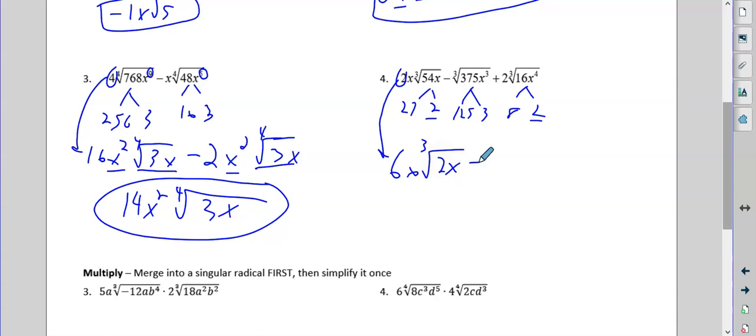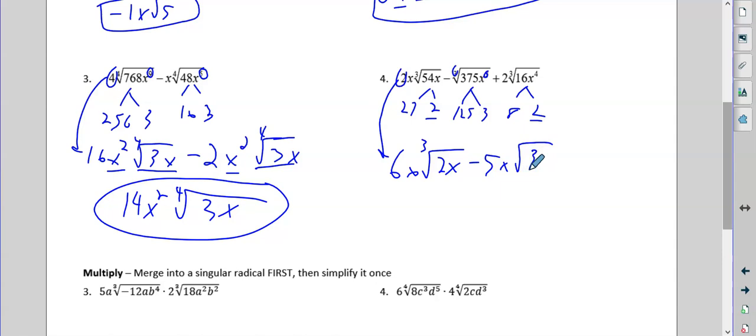Minus. The cube root of 125 is 5. Now this time we do have 3 divided by 3 is 1. One group of 3 came out. Okay. And we have a 3 stuck inside and no x.